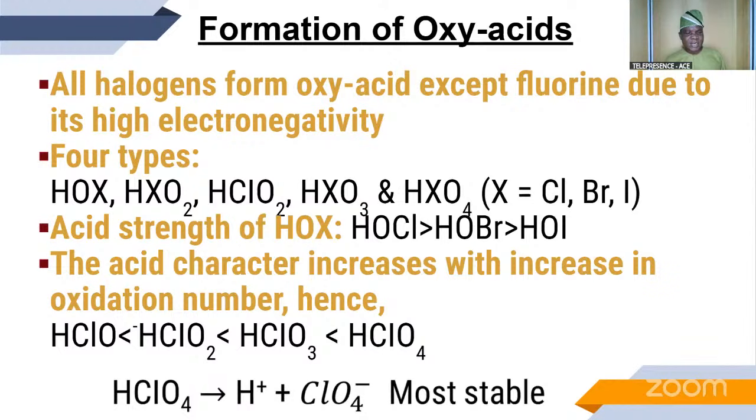The acidic strength is that of chlorine greater than bromine, and it increases with increase in oxidation number. Hence, HClO is less than HClO2. HClO2 is less than HClO3. And HClO3 is less than HClO4, which is the most acidic.